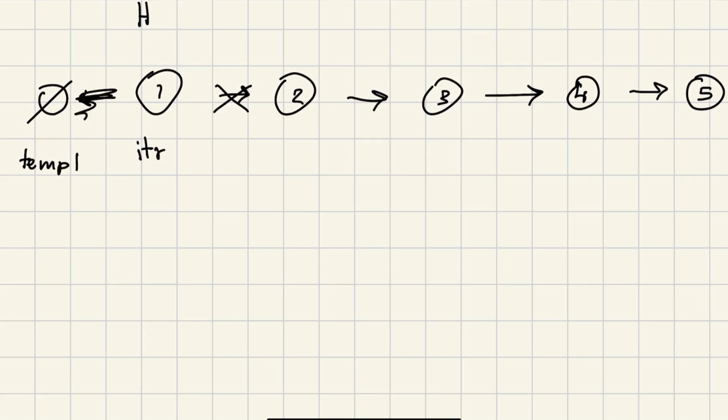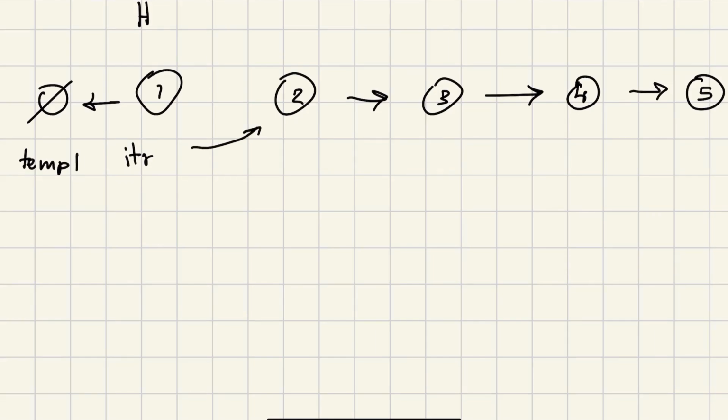Okay, so that's fine. But if we do this, now we're stuck here, because if we go to iter.next, we're actually going here, and that is a problem because now we're at none. After doing that, we have no way of continuing.